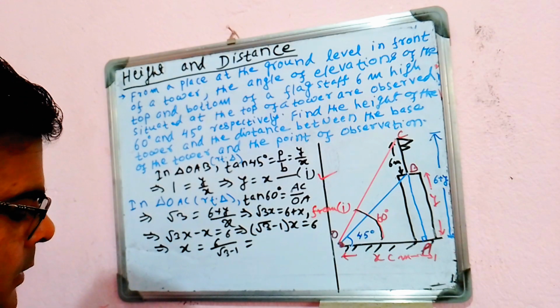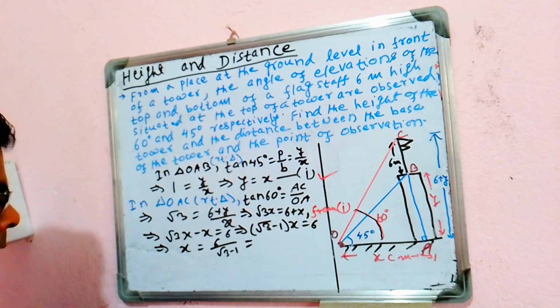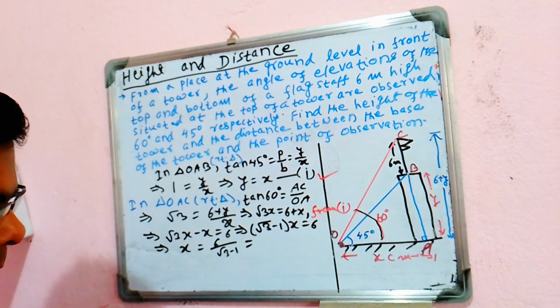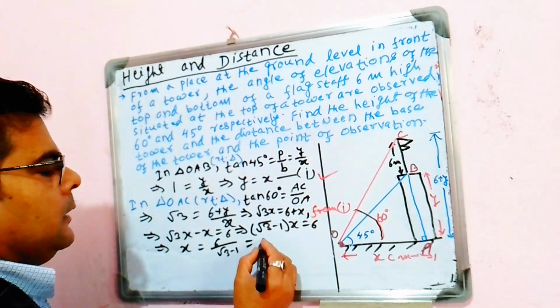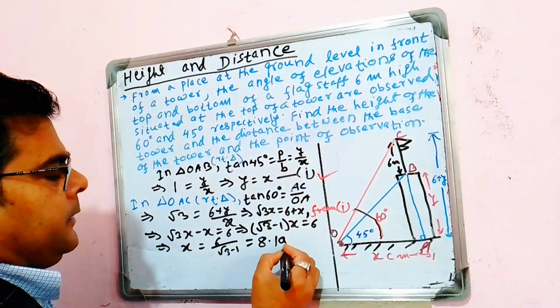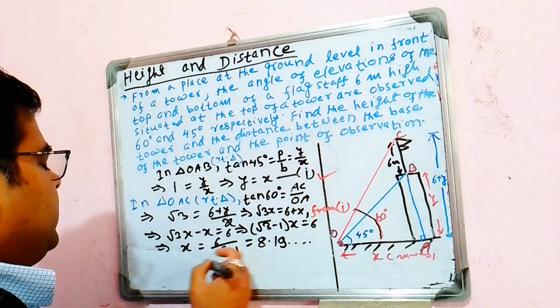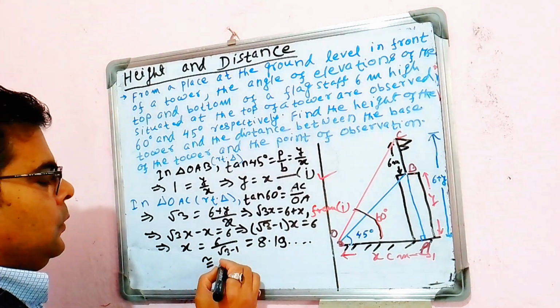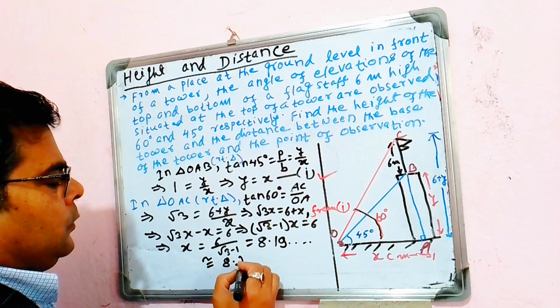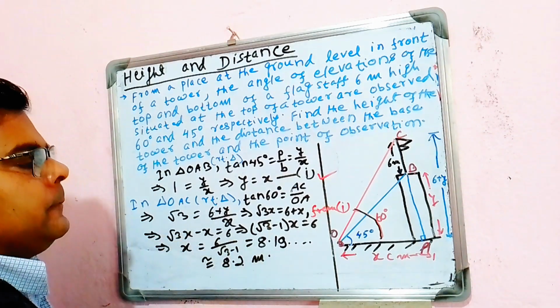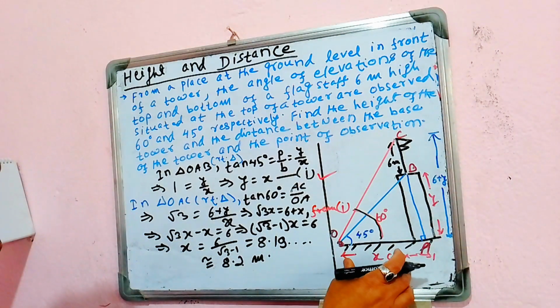This value is 8.19 and something like that. So to one decimal place, this is nearly equal to 8.2 meters. So what we have got is this distance OA.